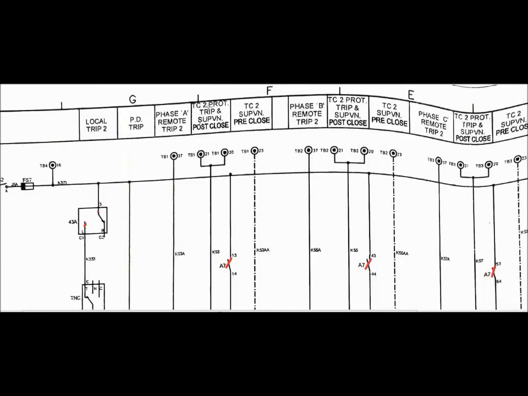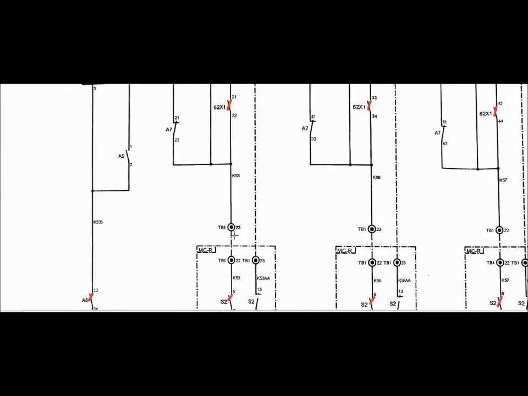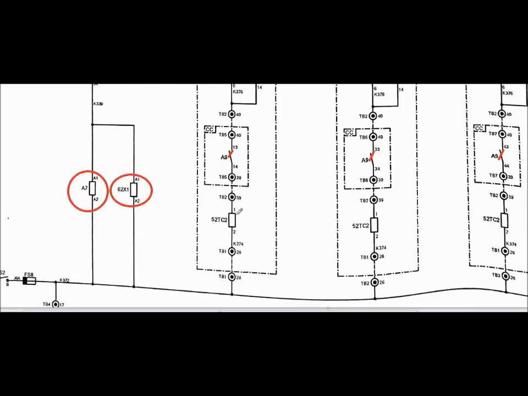Now for protection trip, that is if a fault occurs and from the relay protection the DC comes to the trip circuit, then the DC will come to TB1 21 for red phase, TB2 21 for yellow phase, and TB3 21 for blue phase. Then the DC comes to the common terminal, that is TB1 22, and the trip coil will be energized.